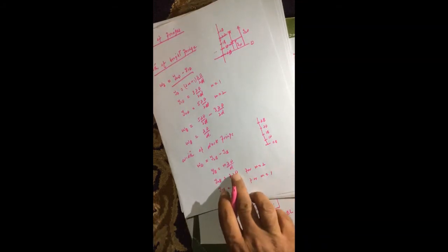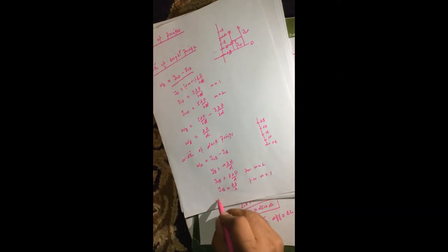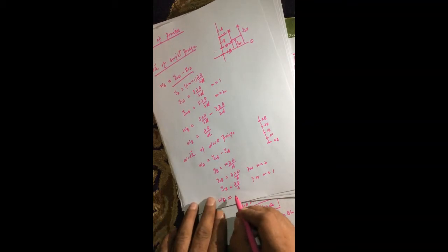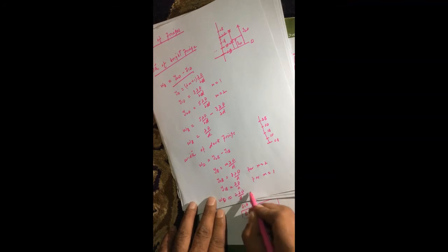If I put these two values here, we get the width of dark spot, which is 2 lambda D over d minus lambda D over d, which is lambda D over d. So the width of dark spot is lambda D over d.